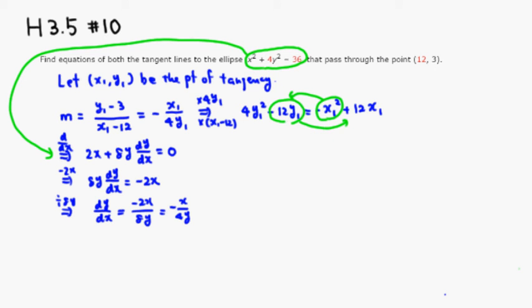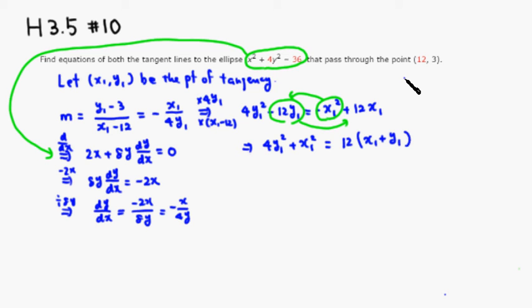So what you get is 4y1 squared plus x1 squared equal to 12 times x1, this was minus, so it's going to be plus y1. So we got that.